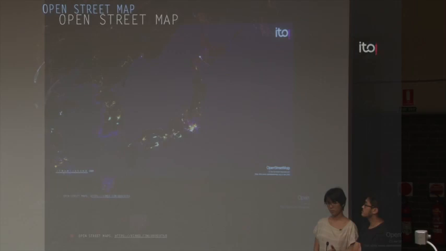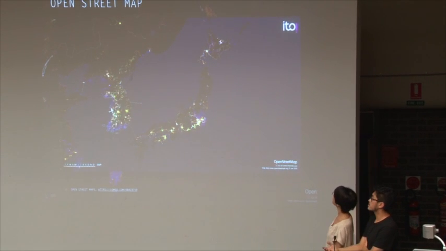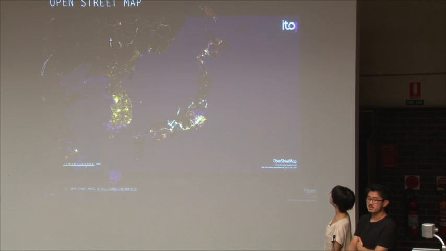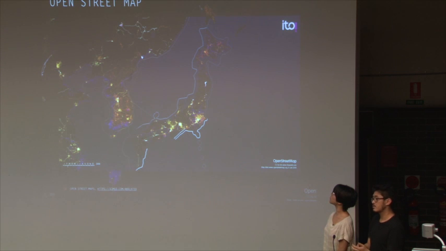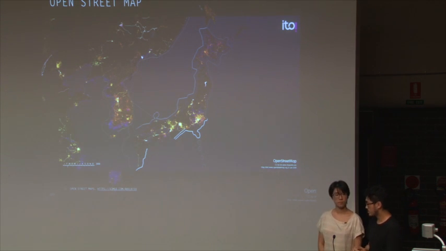Another initiative is called OpenStreetMap. It's inspired by the idea of Wikipedia, that people can become volunteers and contribute to the mapping of cities using whatever tools are available to them.